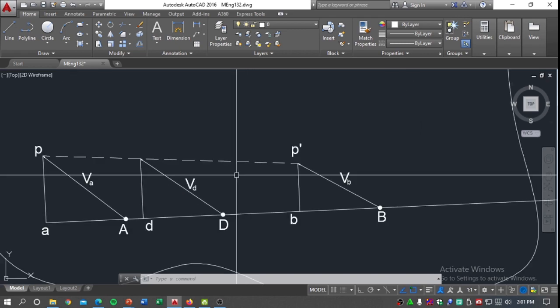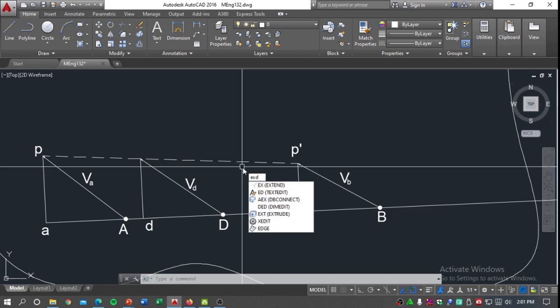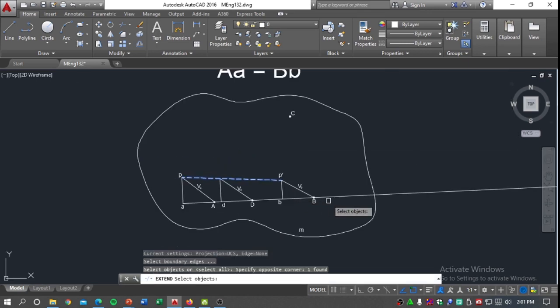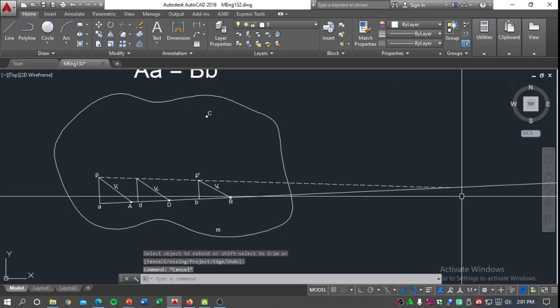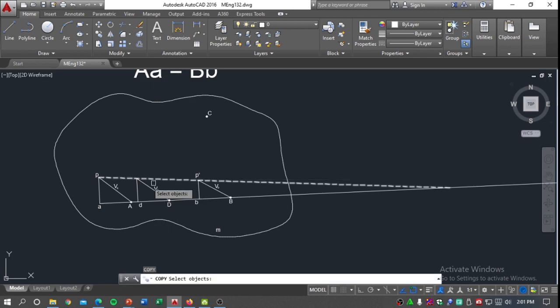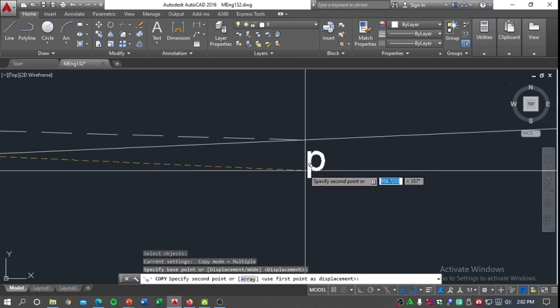We simply have to extend the line connecting P and P prime. You have to extend this until it intersects with the line AB. Extend, then extend. So now we obtain the point Q, and we can already assign this point as point Q.